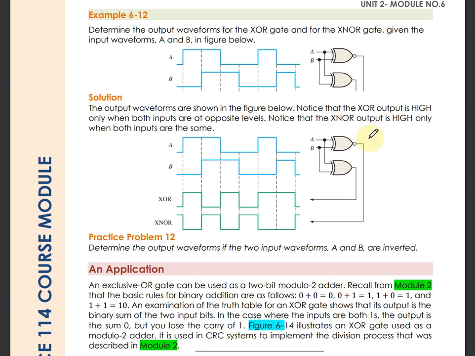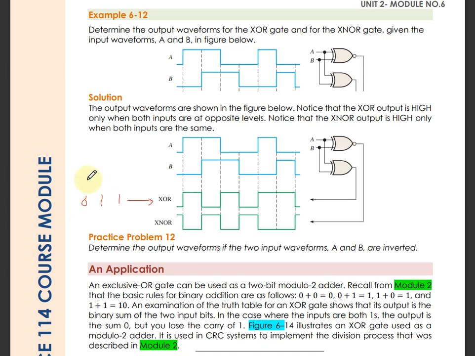So what we expect is that their outputs are opposite, no? If your XOR is high, then your XNOR is low. So again, as a technique, just answer one of the circuits. So for example, let's answer the XOR. The XOR should be high if the inputs are opposite, no?